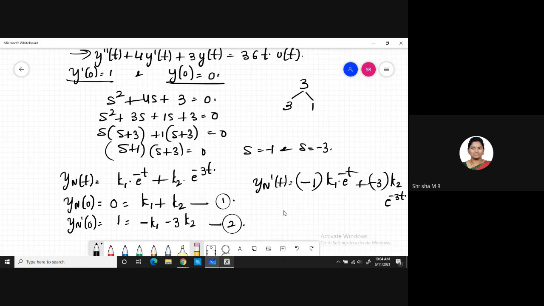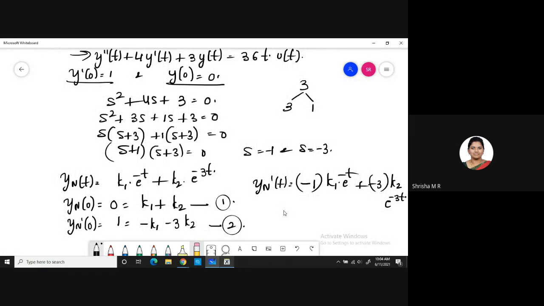Did you follow this step, everyone? Is it clear? Clear, everyone? So natural response is of this form. Now if you make use of these initial conditions and find yn of 0 and yn dash of 0, you'll get two equations. Now you find k1, k2.